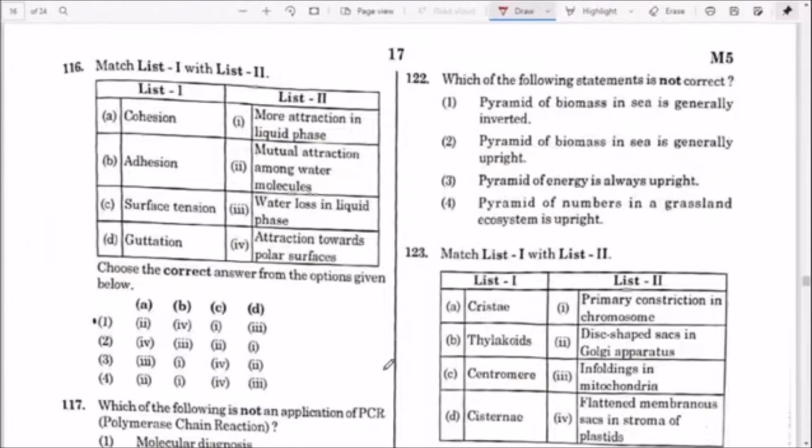Choose the correct answer from the options given below. Option 1, where cohesion is mutual attraction among water molecules, adhesion is attraction towards polar surface, surface tension is more attraction in liquid phase, and guttation is water loss in liquid phase.